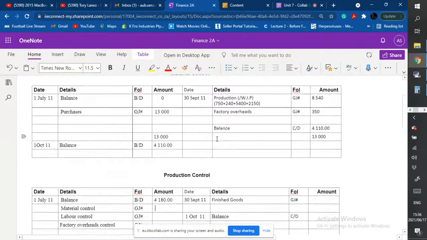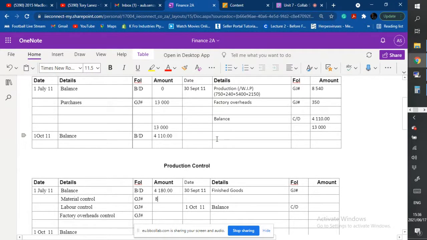You see there, 8,540. Okay, right. So we've done that. That's cool. After we've plugged that in, now we look at production control.